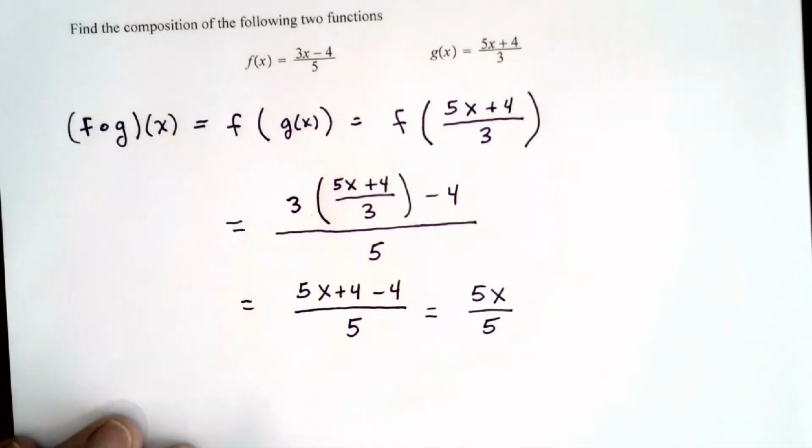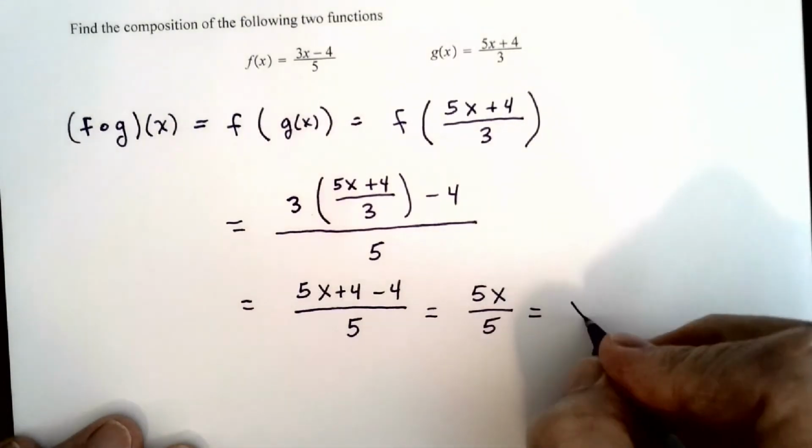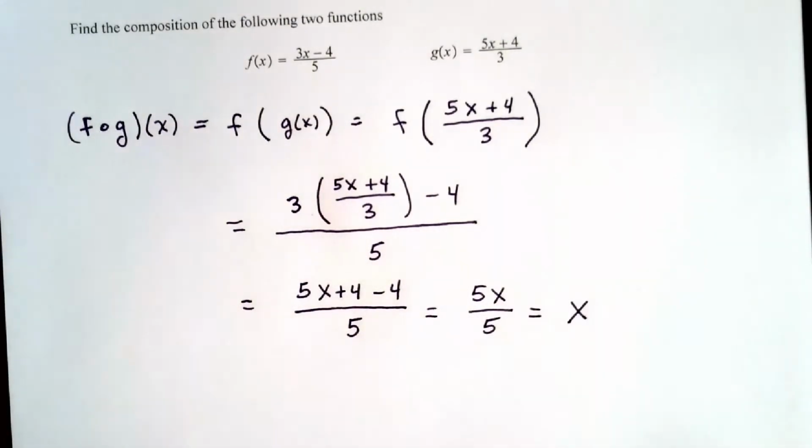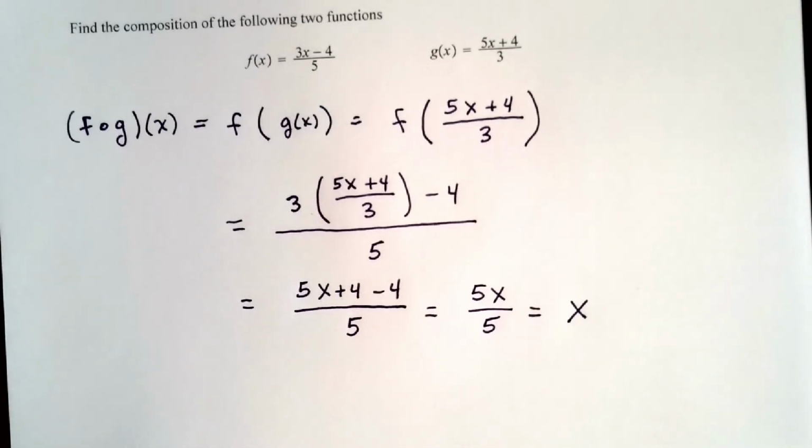And finally, 5x divided by 5 is just x. So interestingly enough, when I compose the function f with g of x, the output is just x. In other words, I get the identity function.